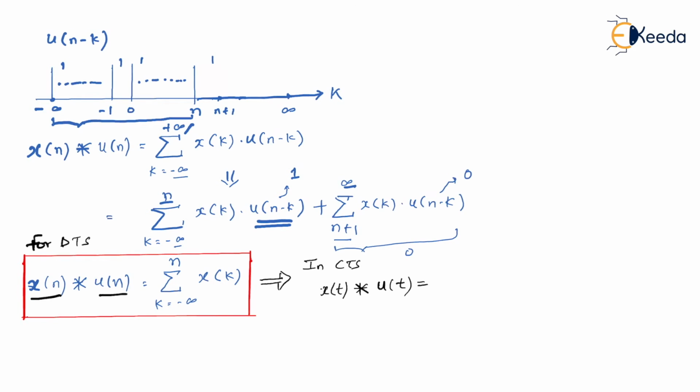So integration in continuous time domain becomes summation in discrete; vice versa is also true. In discrete time signals, if I'm saying it is summation, in continuous time signals it can be interpreted as an integration. So I'll say integration instead of summation. k is a dummy variable, so I'll take tau as the dummy variable here, ranging from minus infinity to t. Now we have x of k here, I'll write x of tau.